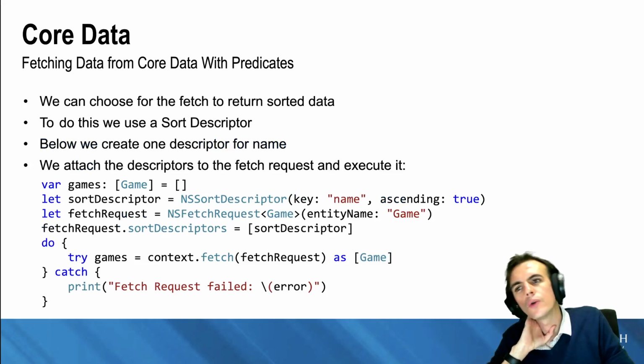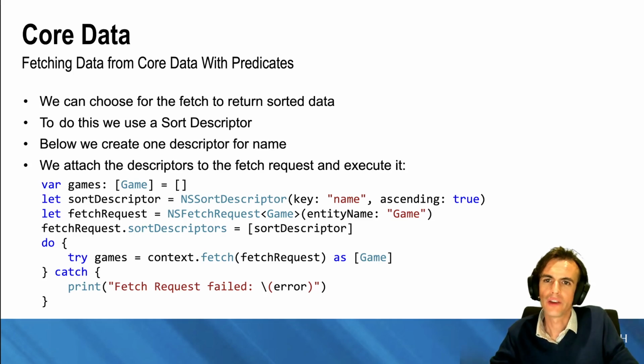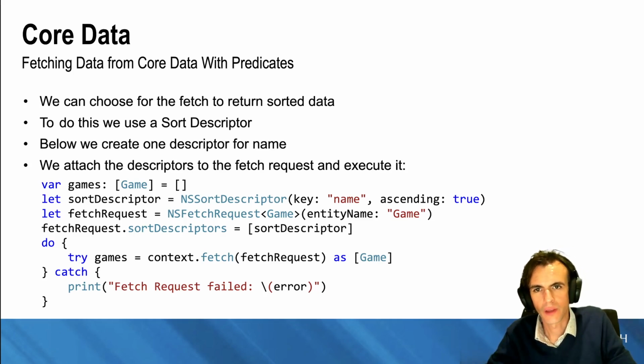Now, when you fetch things from Core Data, if you're fetching a particular entity, you might not want to fetch every single one of them. You might want to select some subset with some particular attributes. So what do we do here?